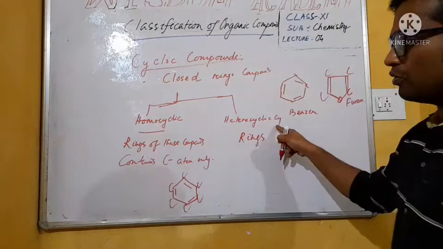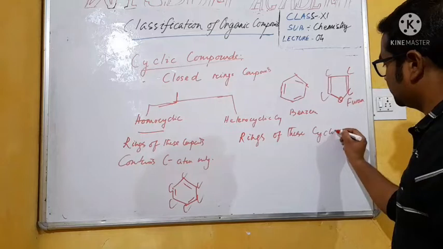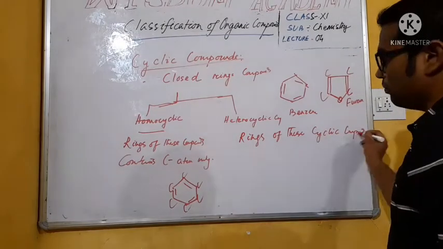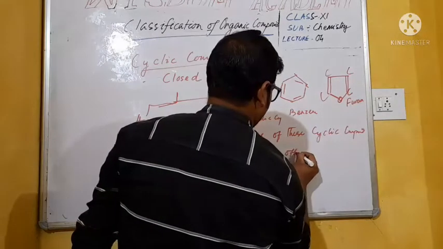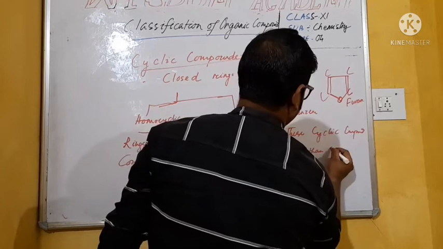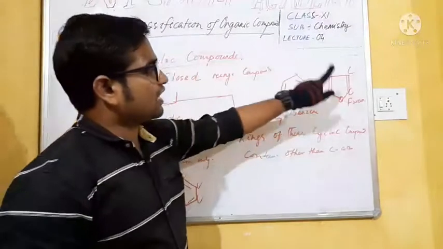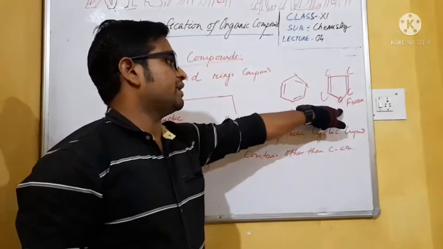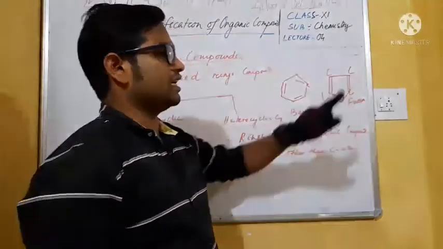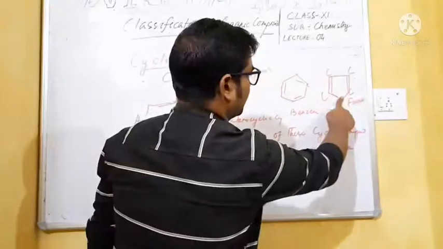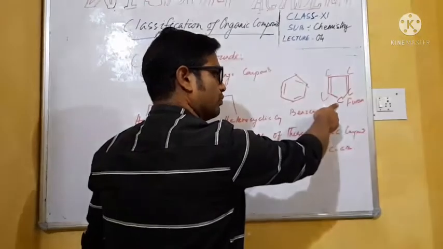What are heterocyclic compounds? Rings of these cyclic compounds contain atoms other than carbon. That means a different atom may be present in a cyclic compound, and that is known as heterocyclic. If only carbon is present, it is termed homo.